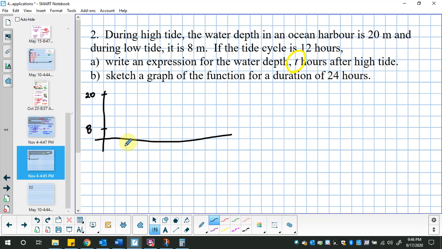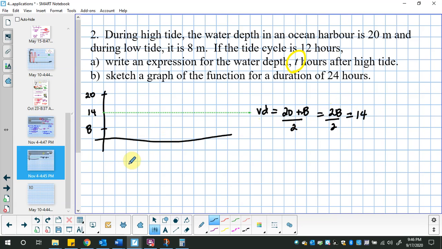We can figure out the vertical displacement the same way as we always do, so this is not a bad question so far. We can take (20 plus 8) divided by 2, so 28 divided by 2, 14, and we have a vertical displacement.